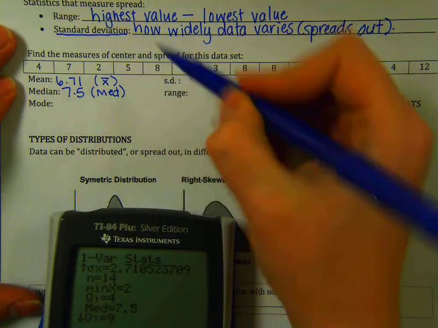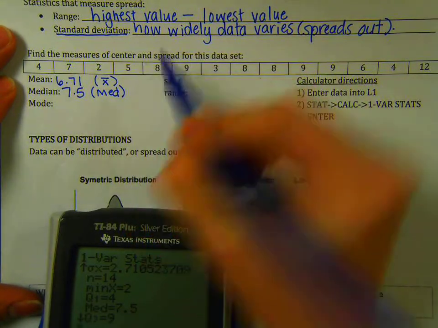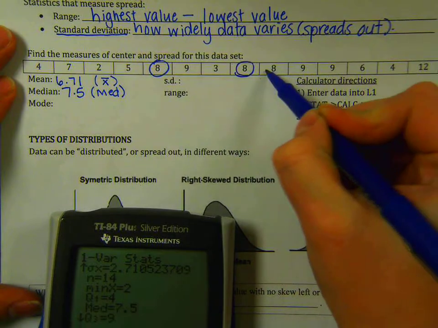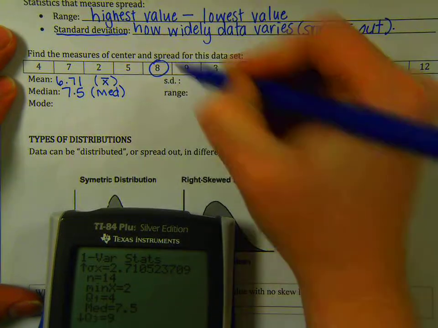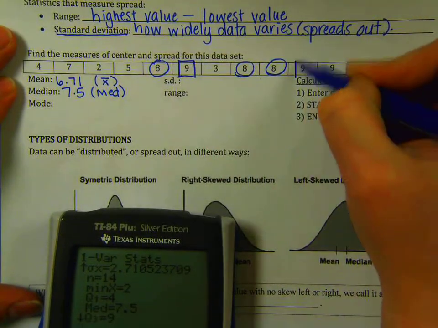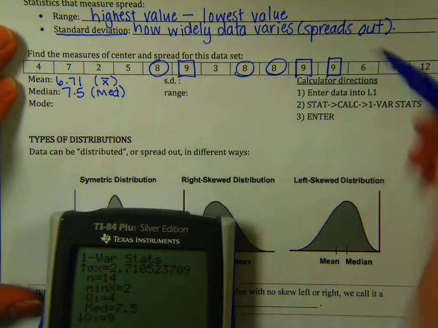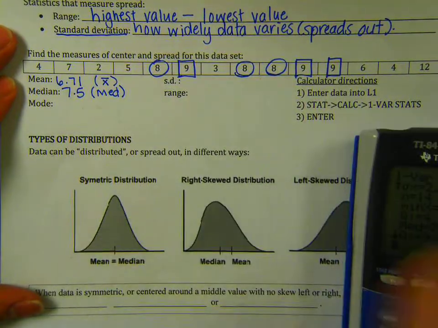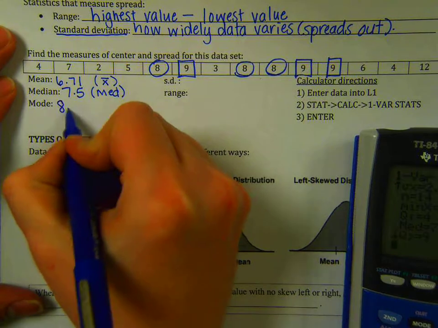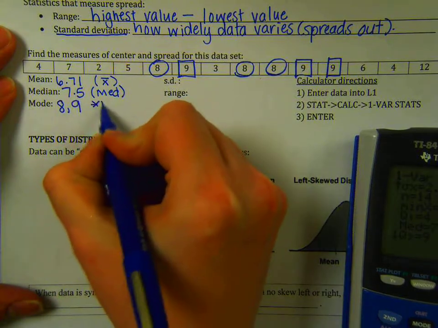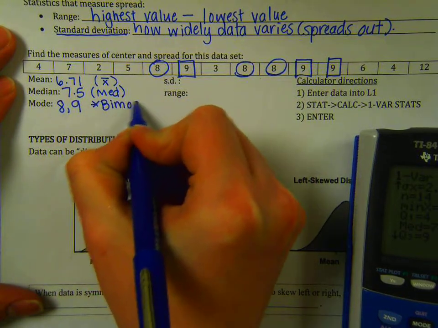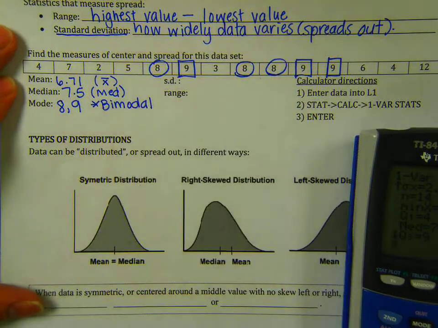So our mode, I see three 8s, but I also see three 9s. So this is bimodal. So 8, 9, and this is bimodal. Remember, you can't get that from the calculator. You actually have to figure that out on your own.